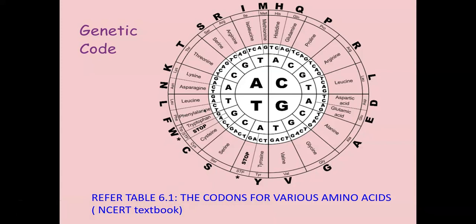Now if you look here, you can see it is giving you the code, and here it's giving you the amino acid names, and this outer circle is giving you the short forms for the different amino acids. Now please understand that you're not supposed to know all the codons and which amino acid they are coding for, but you just need to know the start codon and the stop codon. So we're coming to that.